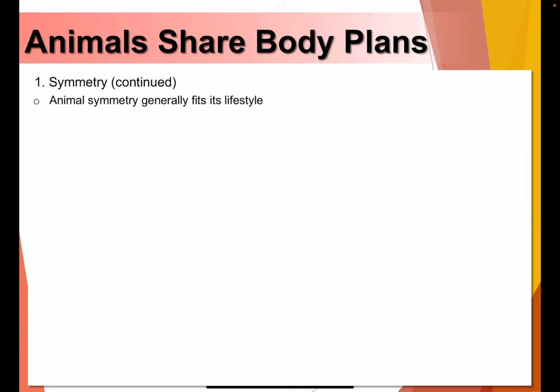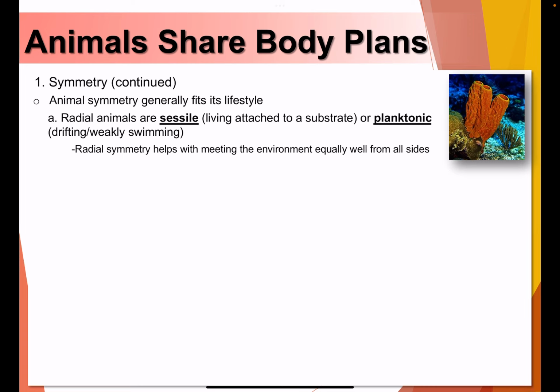All right. So animal symmetry generally fits the animal's lifestyle, going back to why natural selection drives the formation of symmetries in these animal species. Radial animals are usually what's called sessile, or you can think of them as living attached to a substrate.